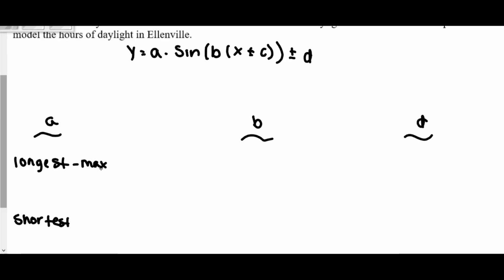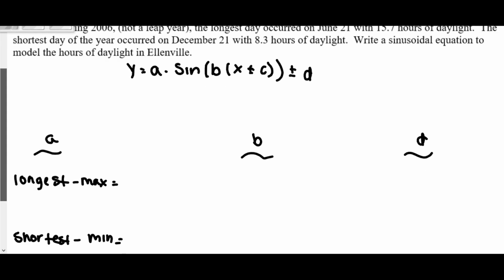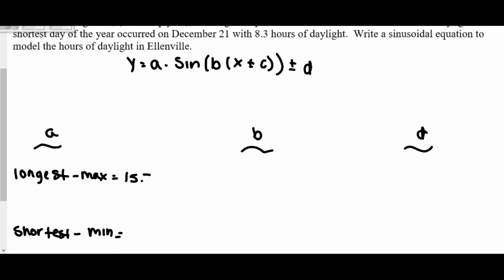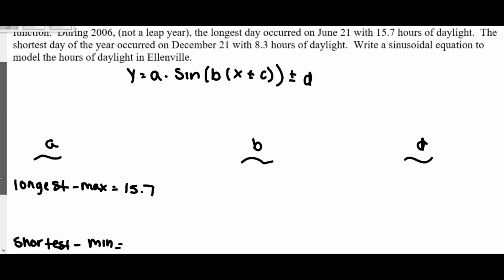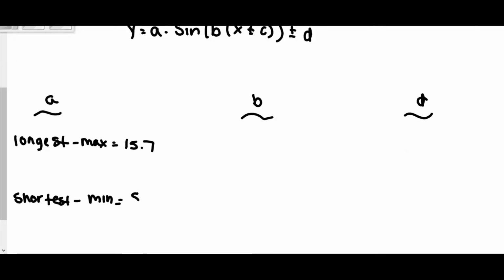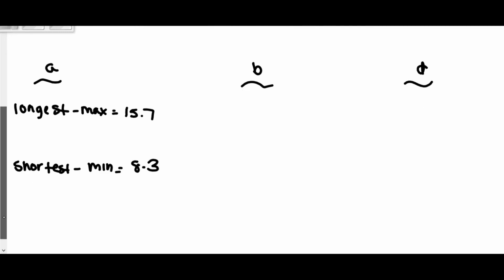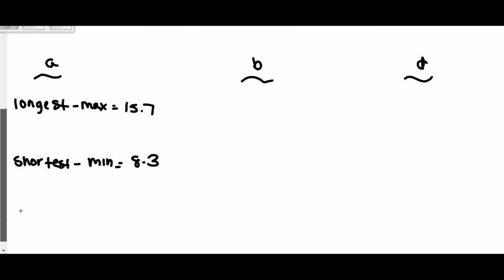Now, if you remember back to that little chart, longest is code for max value. Shortest is code for min value. So they're really telling us the max or the peak of this sine graph is 15.7. And they're telling you that the min or the valley of this sine graph is 8.3.